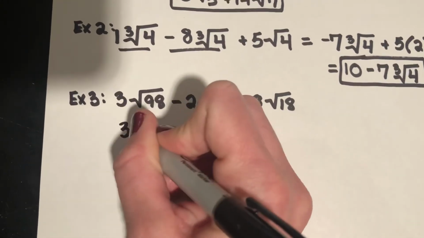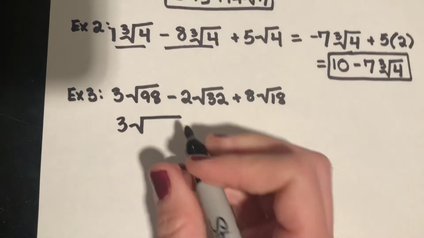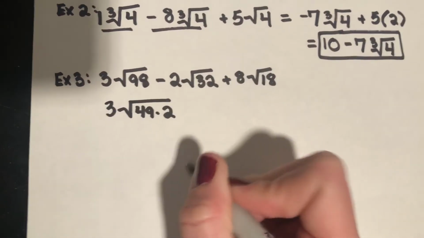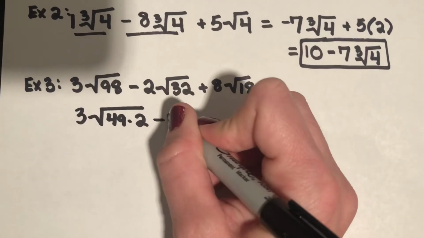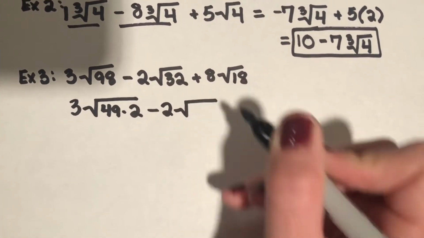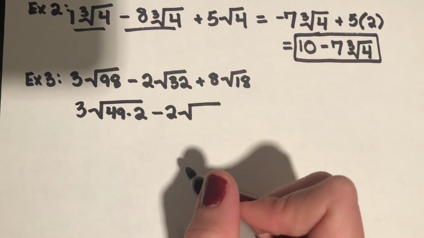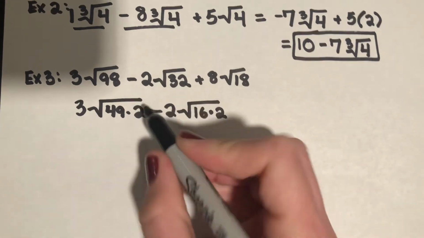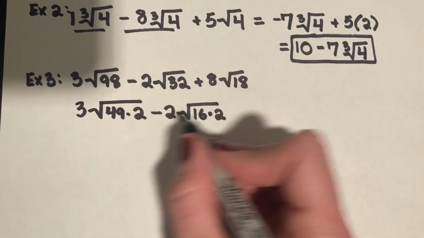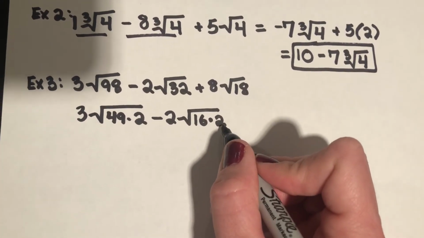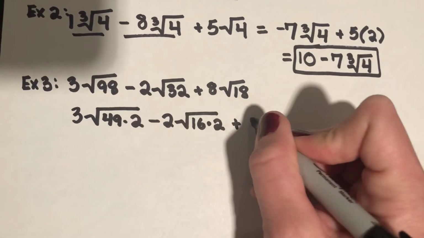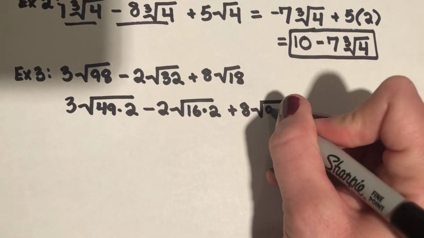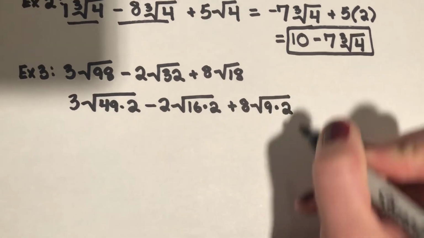Well, 3 times root 98 can be broken apart into 49 times 2. Minus 2, and 32 can be broken apart into 16 times 2. Looking at pretty similar radicands in the second part of both of these, 18 can be broken apart into 9 times 2.